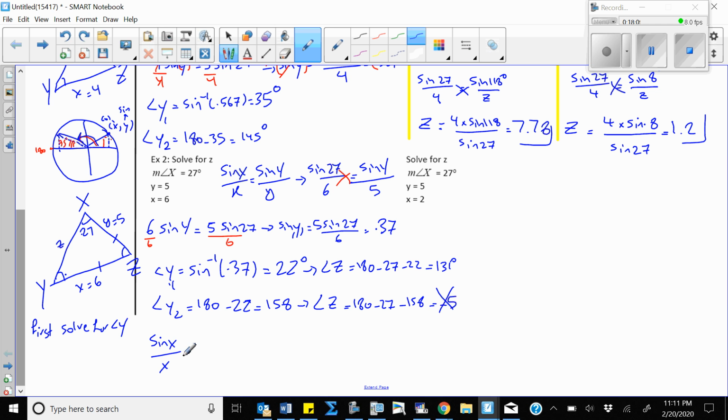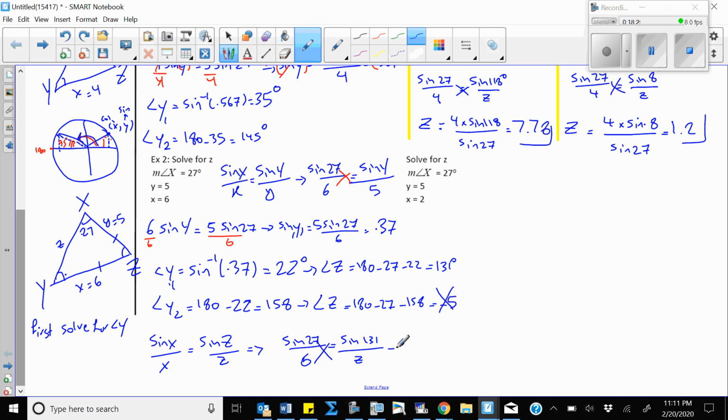So sine x over x is equal to sine z over z. Sine 27 over 6 is equal to sine of 131 over z.